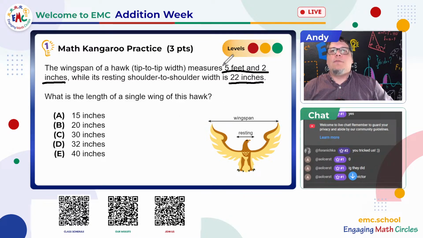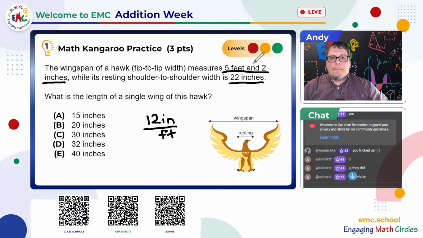Somebody in chat said there's 12 inches per foot. Okay, so if we know that, then we can transfer the wingspan tip to tip from feet and inches into inches itself, only inches. And so 5 foot is how many inches?